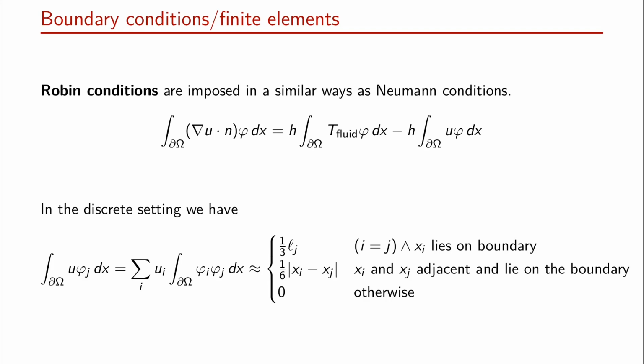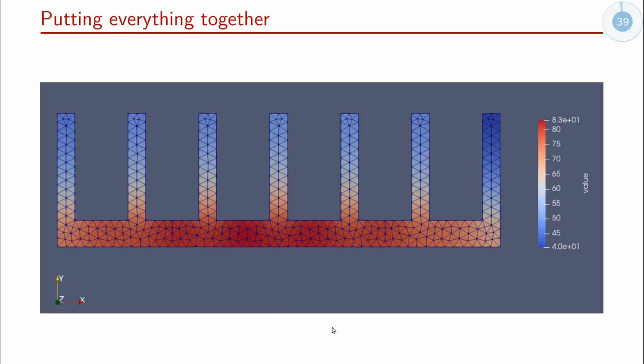We cannot include this in the source term, but we have to include this as part of the matrix. So what we have derived here, these terms, actually enter into the matrix and modify some of the matrix elements.